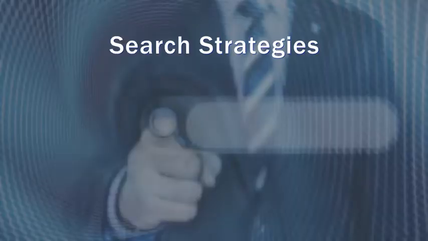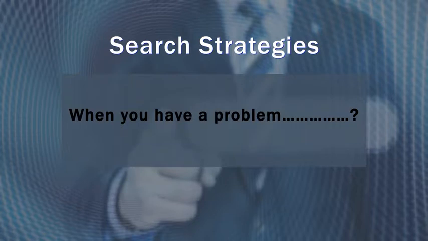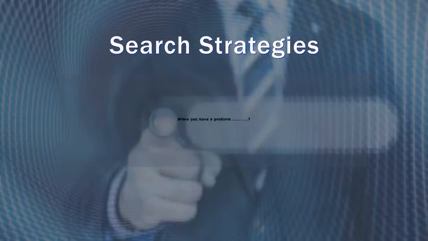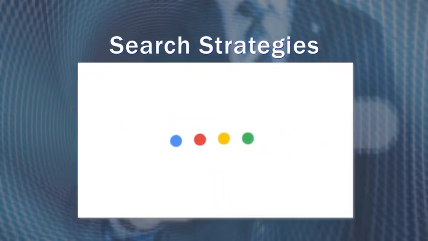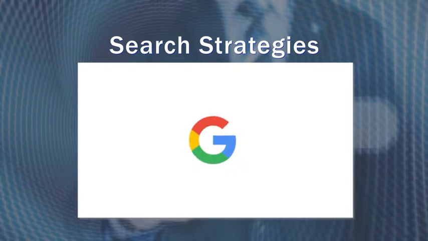Now, when we come to search strategies, let's discuss it this way: when we have a problem, what do we do? Most of us Google our problem, and many times it happens that the visitors to the library Google their problem. While you are Googling your problem, you have two strategies.